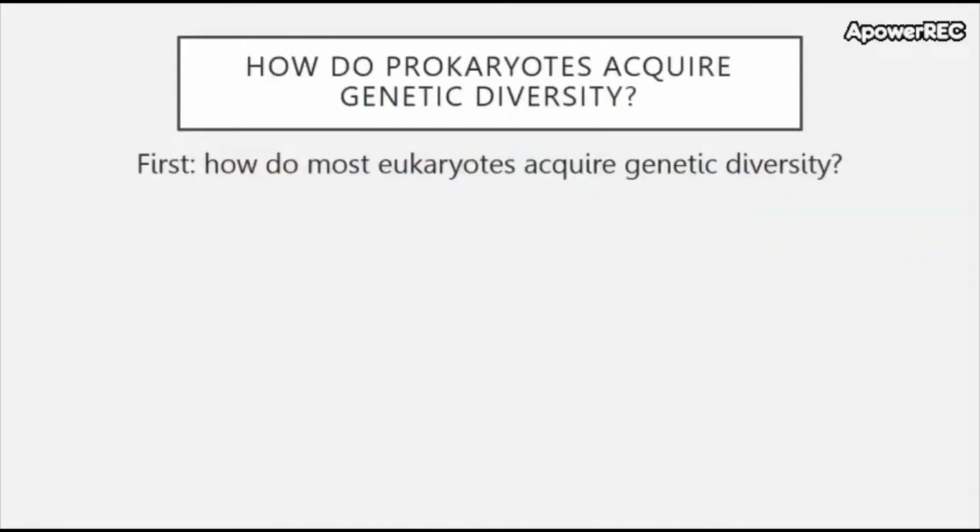Okay, so now let's talk about genetic transfer in prokaryotes. How exactly do prokaryotes acquire genetic diversity? First, we know how eukaryotes acquire genetic diversity, right? They do so through sexual reproduction.